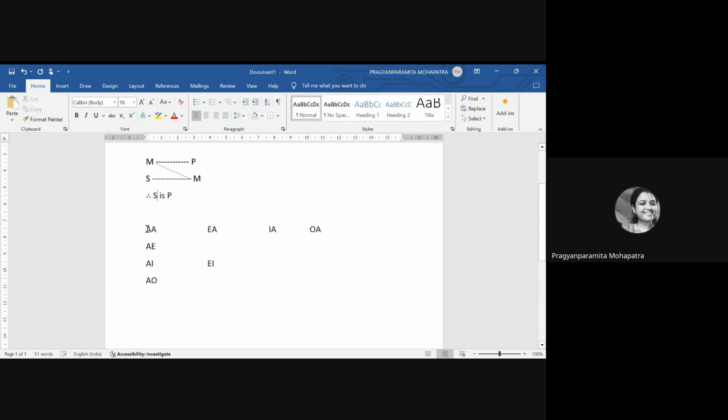Let's check the first combination, AA combination. See here what I will write: all M is P, all A proposition. Minor premise is also universal affirmative or A proposition.